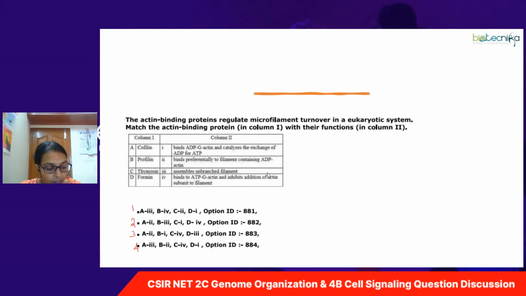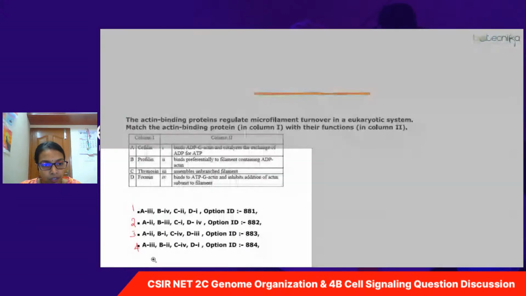Is there anyone who is trying out this part? This is the same part we had discussed in our last Brahmastra series, the accessory proteins. Good evening, Anjali. So you're not able to get it? Is the image clear, right?